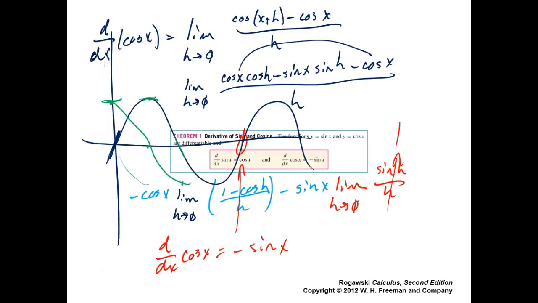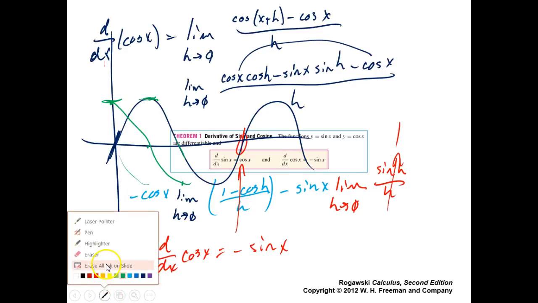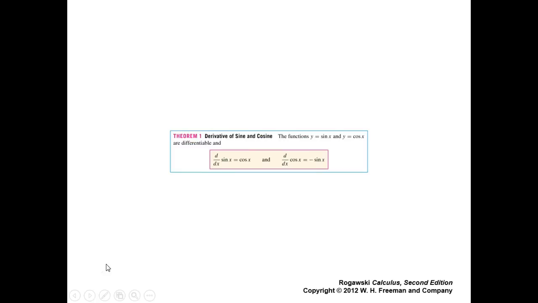All right, so let's go to example 1. I don't think there's a slide, so let's just clear the stuff off of this slide. Okay. Example 1.